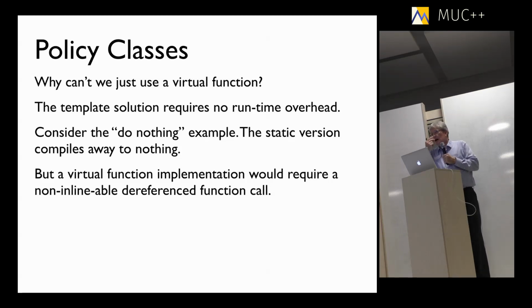Okay, so I think my model for the virtual function solution would be that we wouldn't have a policy class, we just have a base class. The base class calls a virtual function. And then the user decides what kind of policy they want by deriving from the base class. So they have a derived class that they're actually working with. And so the derived class code, most of it is this base class container.